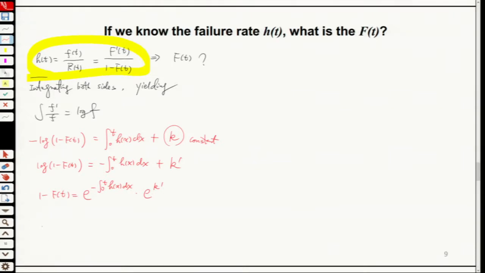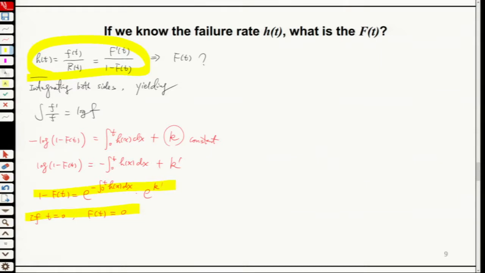But we know that if t equals 0, what is F(t)? It's 0. There's nothing failed, right? So if you put t equals 0, what is k prime? We have this condition and this equation, and we want to find k prime.